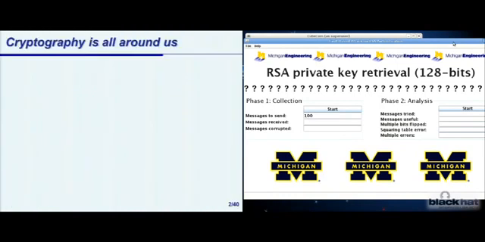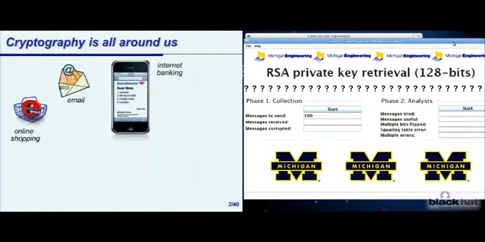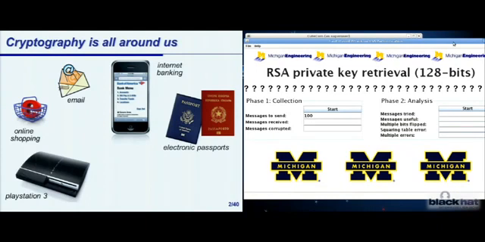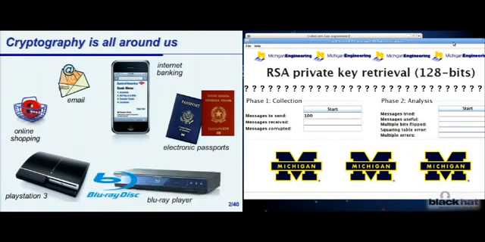As everybody who attends this conference is very well aware, cryptography is all around us. Every time you go online shopping, every time you send an email, when you do your internet banking, even in a password nowadays, there is some security mechanism. And also on a lot of consumer devices, particularly game consoles, Blu-ray disc players, and in general, media players.